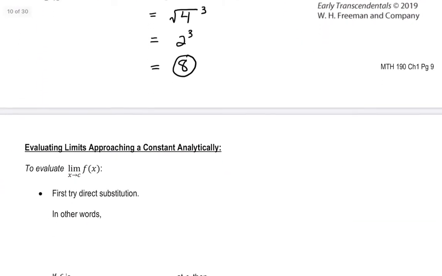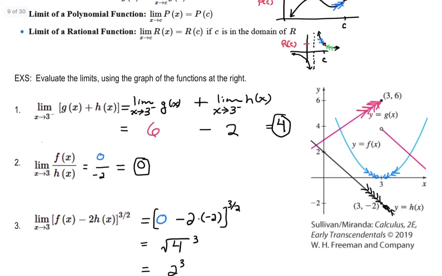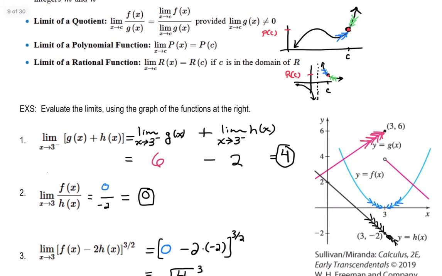Now what we want to get into is an extension of these last two properties that you saw, essentially both the limit of the polynomial property and the limit of the rational function property. Both of those are really saying that if the function's continuous at that point, you're going to be able to just use direct substitution.